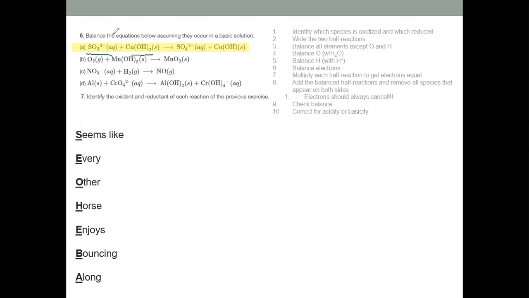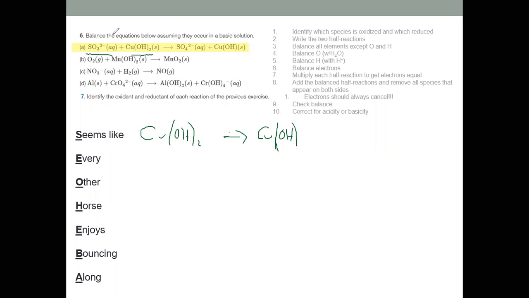So we know they need to start out on the left side of our half reactions, right? And I'm going to put copper(II) hydroxide here. Okay, and then I'm just going to put its couple, the other half of the couple, on this side, copper(I) hydroxide.